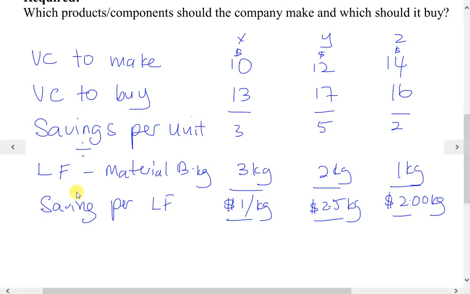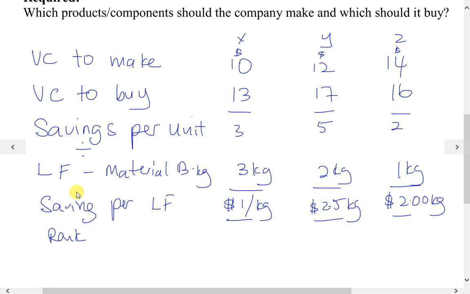Now, rank. How do you want to rank? Rank number 1, the higher or the lower one? Let's interpret. If I produce, I save $3, $5 and $2. But because of the limiting factor, I need 3 kg to save $3.